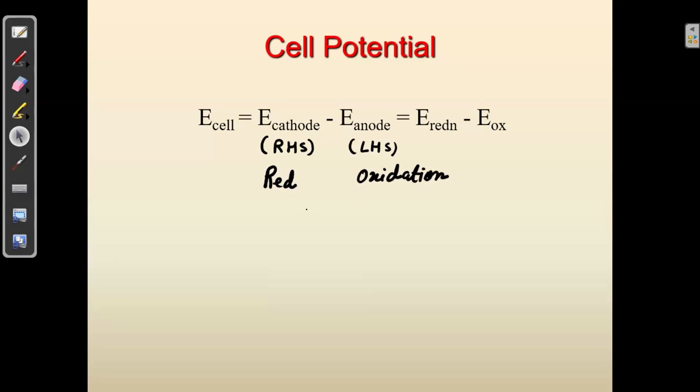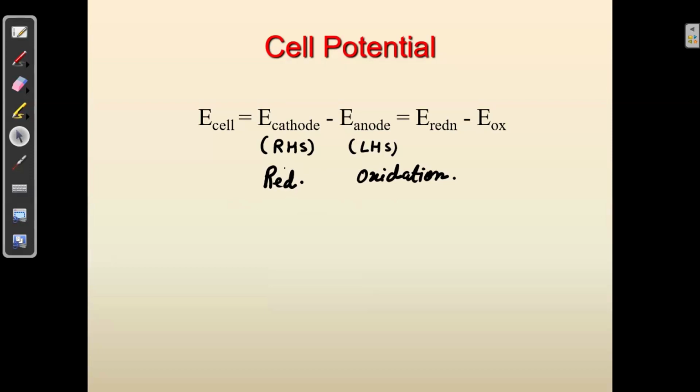This is the usual diagram. You can draw it the other way around as well. This is not a hard and fast rule, but mostly in the reference books or standard books, the right hand side usually indicates the cathode, or the reduction process, or the reduction half cell.